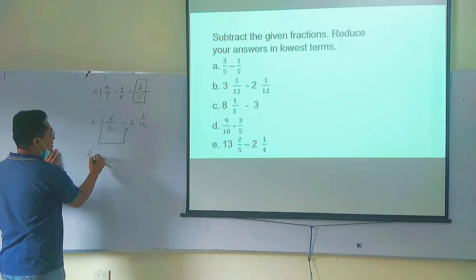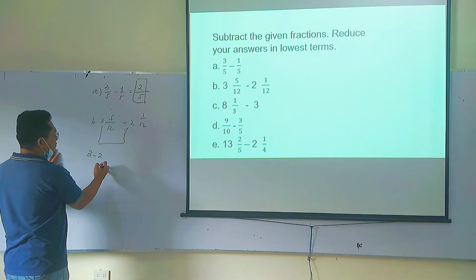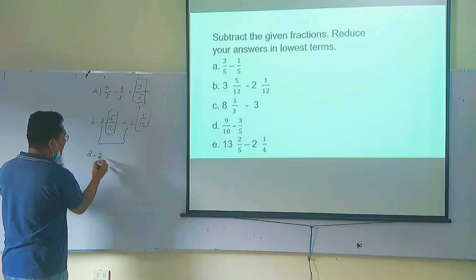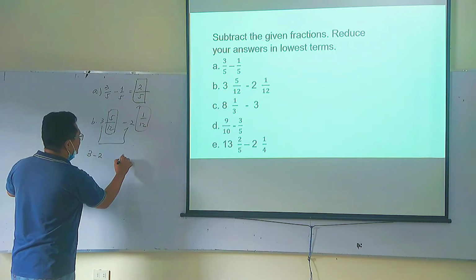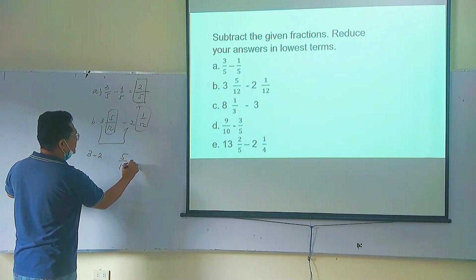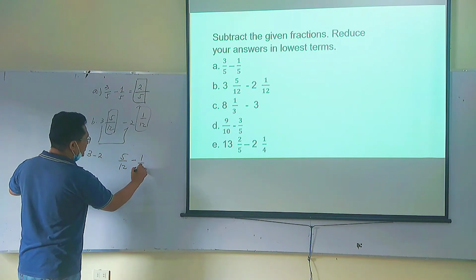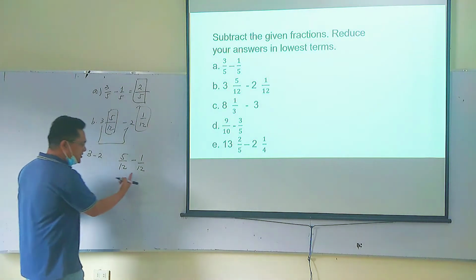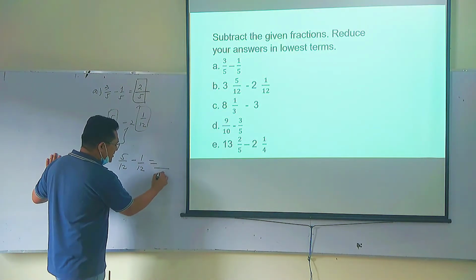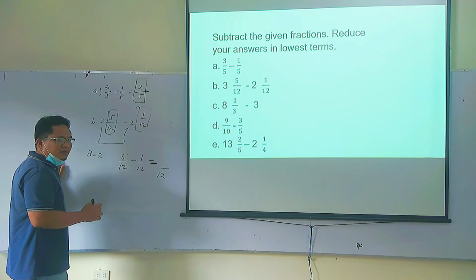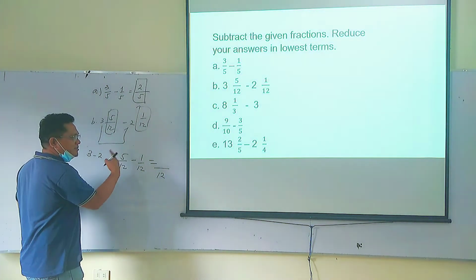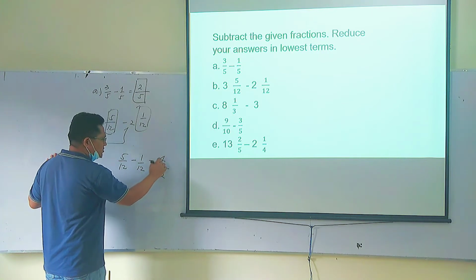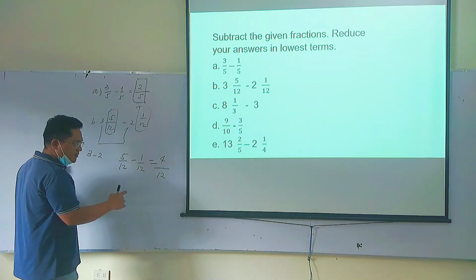So you have 3 minus 2, then combine this fraction. So we will have now this portion that 5 over 12 minus 1 over 12. So our rule, again, in fraction is, if it's similar, you just copy the denominator. Then subtract the numerators. 5 minus 1 is 4. So you have 4 over 12.